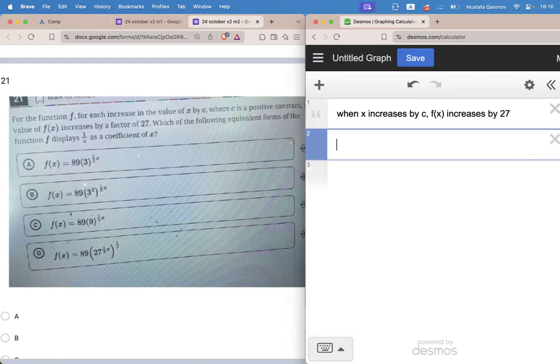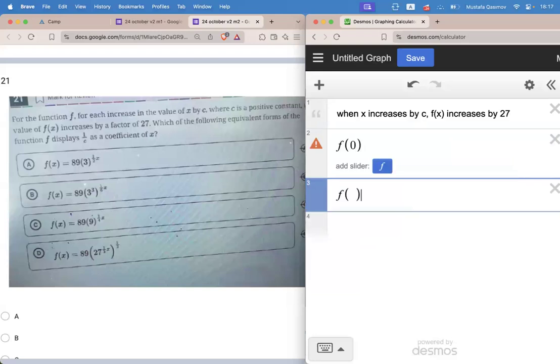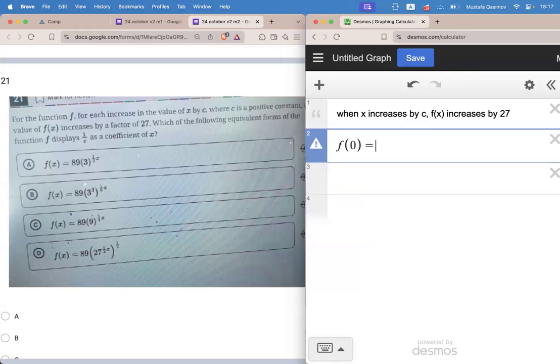So let's say that we have f of 0 and we have f of c. So x increases by c units here. Then it means that it will also increase by 27. So it means we can write it like that, actually. Any question from here?